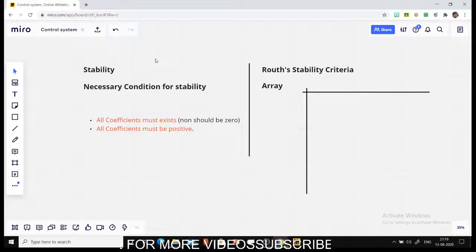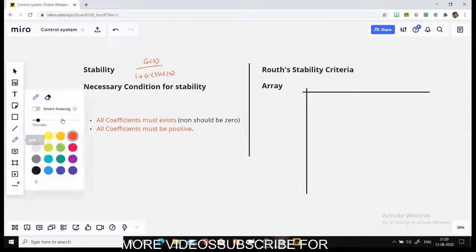So that is what stability is, and most of the time, stability comes from the characteristic equation. So we have seen the closed loop transfer function will be something like G(s) upon 1 plus G(s) H(s).